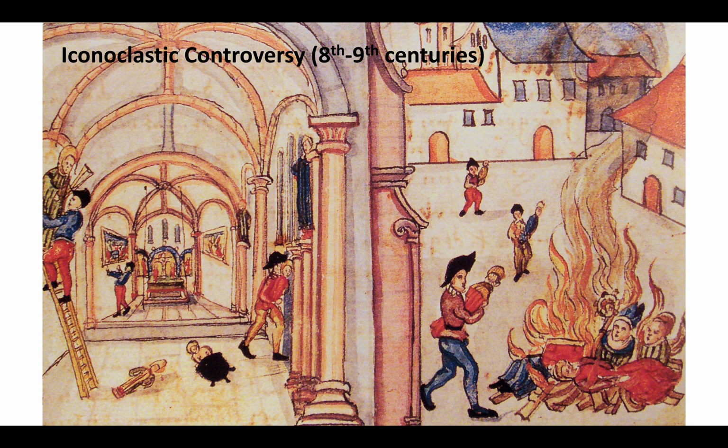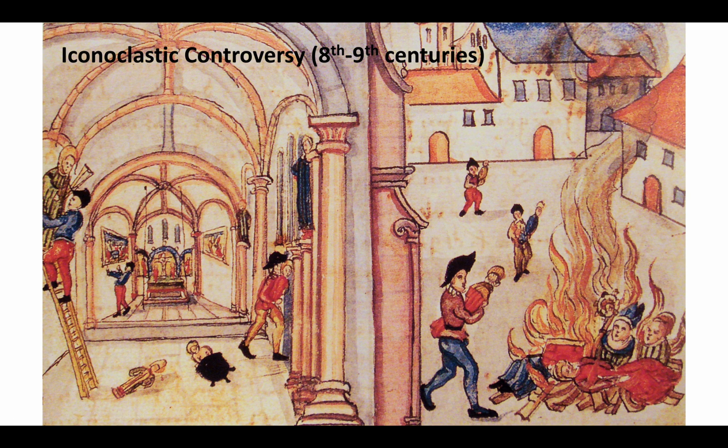So that led to this iconoclastic controversy, in which in many churches all these religious figures, which in the Byzantine Empire are called icons, were removed from the churches, and as you can see here, thrown into the bonfire.